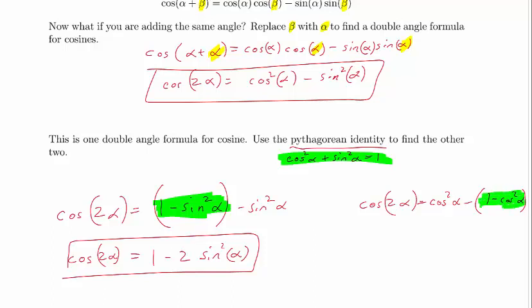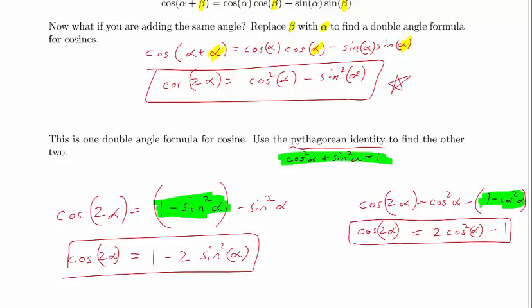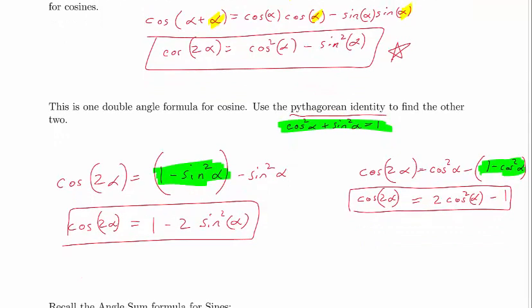This becomes 2 cosine squared alpha minus 1. This top one I definitely encourage you to commit to memory. These other two, make sure you're able to derive them quickly, because you don't want to clutter your head with too many formulas, but the first one is definitely an important one to have memorized.